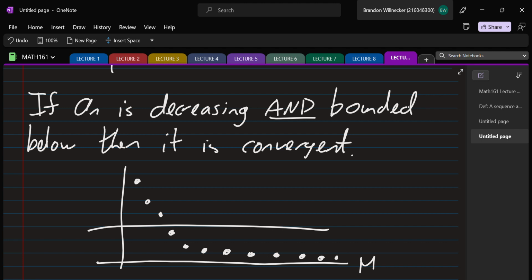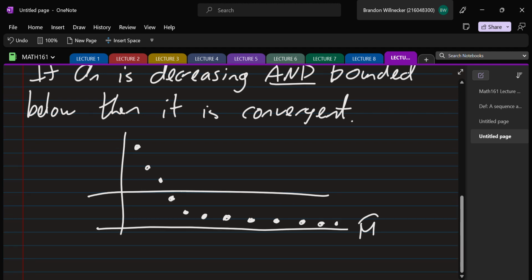Now, if it never goes below that value, it either converges to that value or converges to a value bigger than that, so it needs to be above that point. And again, this M may not be the limit value. Just because we calculate this M, it doesn't mean it's the limit value. So the monotone convergence theorem can tell us if something converges, but it can't give us what the limit value is. If you want to know what the limit value is, you need to evaluate that limit, which we looked at last time.